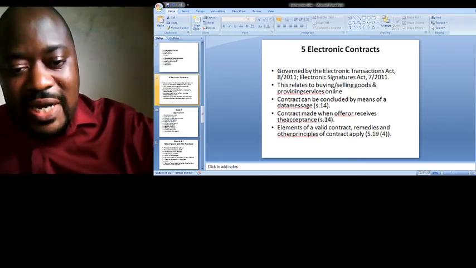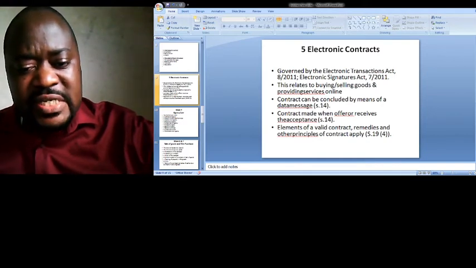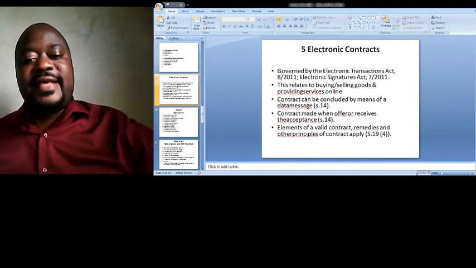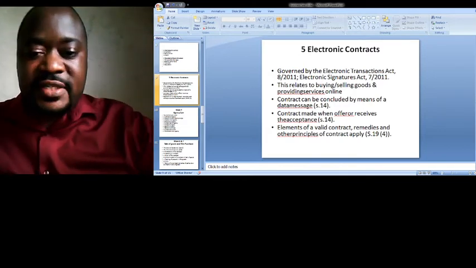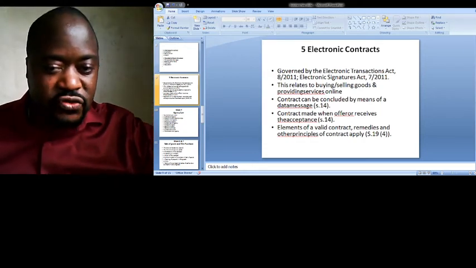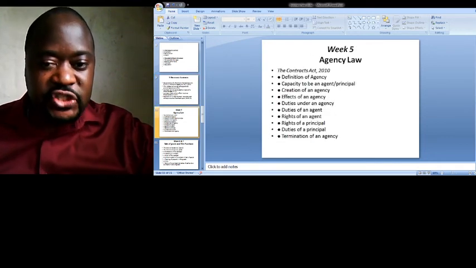So we'll look at that. We'll define what an electronic transaction is under the law and how people transact online. We'll also look at the elements of a valid contract or a valid electronic contract. So it's important for us to look at electronic transactions.